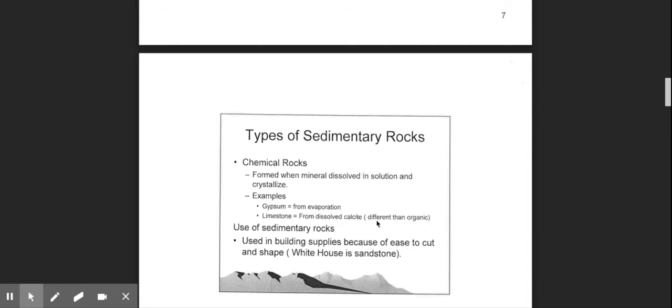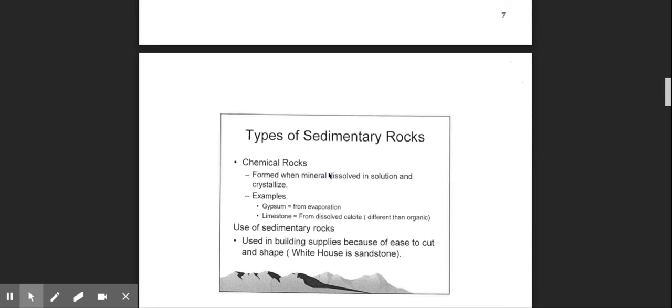You had sand or whatever, you got rid of it with filter paper. And then you had salt or sugar dissolved in water. The way you got rid of that was you were able to evaporate the water and it left the sugar or salt behind. You were actually creating a chemical sedimentary rock.